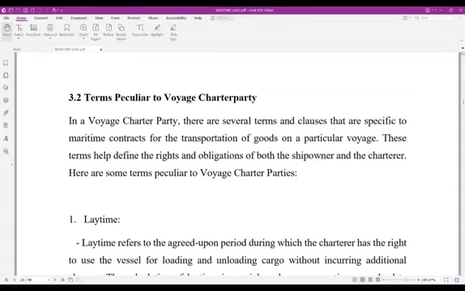These terms help define the rights and obligations of both the ship owner and the charterer. Here are some terms peculiar to voyage charter parties.